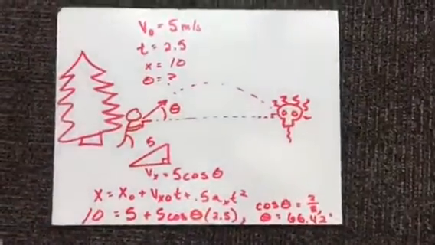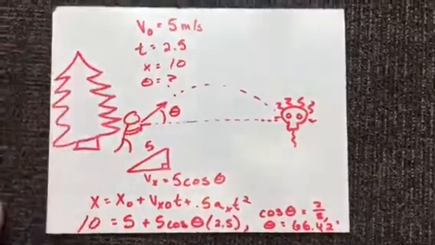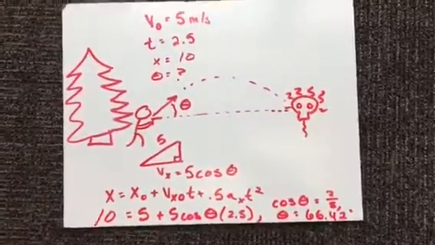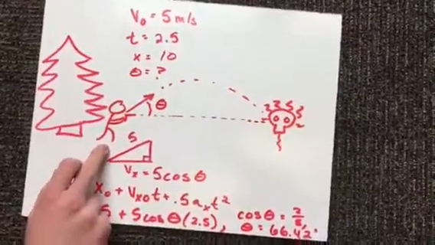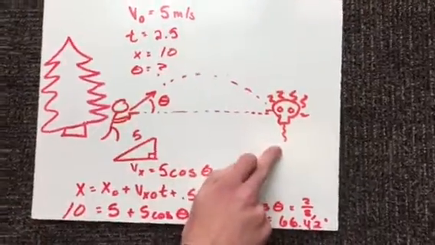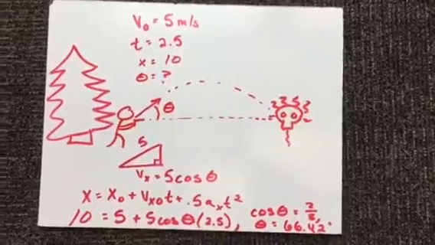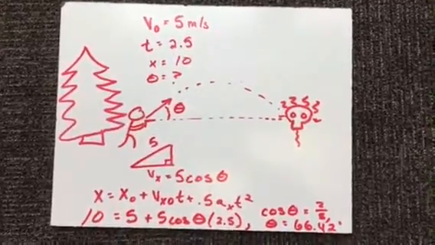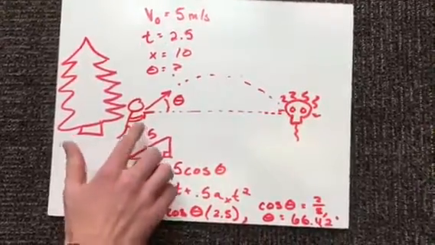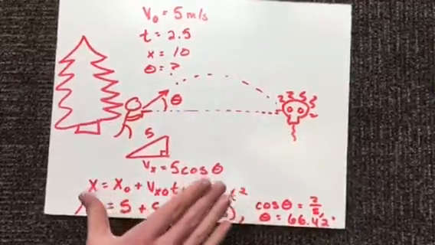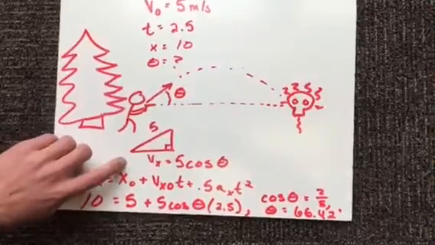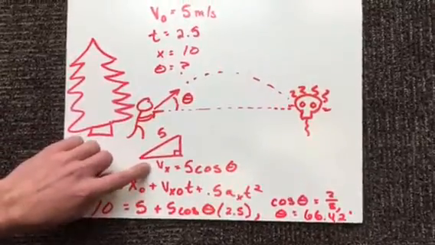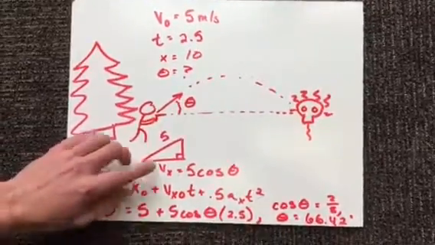So as we know, the initial velocity is 5 meters per second, the time it takes to hit the witch doctor is 2.5 seconds, and the distance between Evan and the witch doctor is 10 meters. We're going to try to find theta. You can't just use 5 meters per second, because it's a vector quantity and has a direction, which is the angle we're finding. To get the X component, you use basic geometry and set up a triangle.